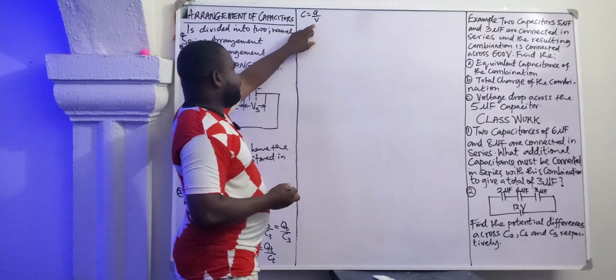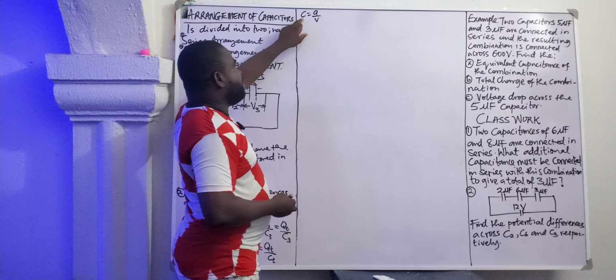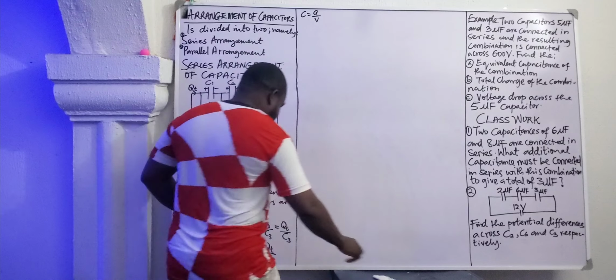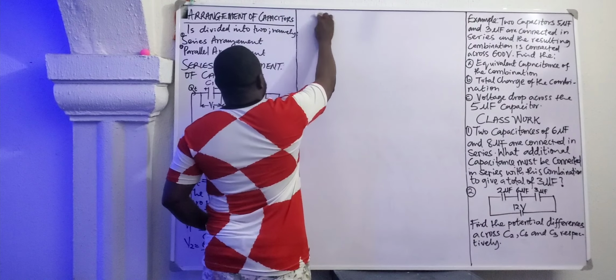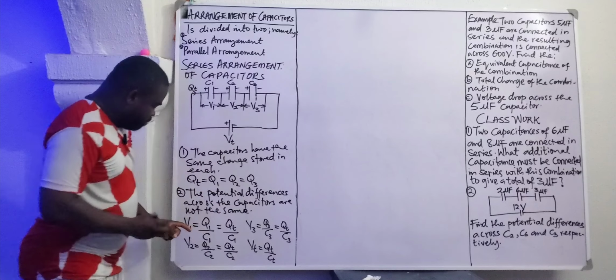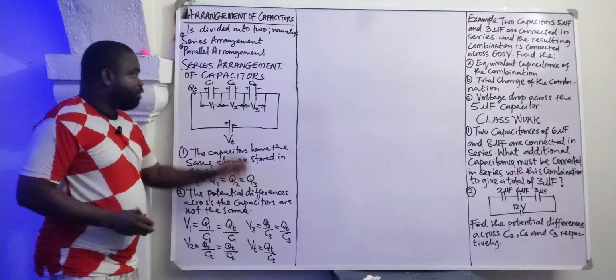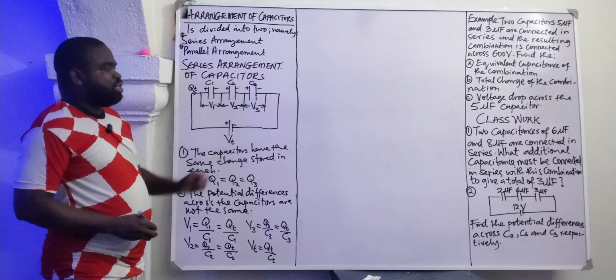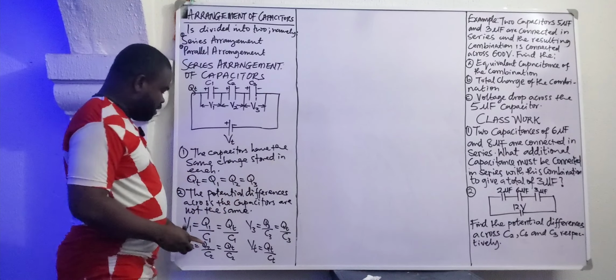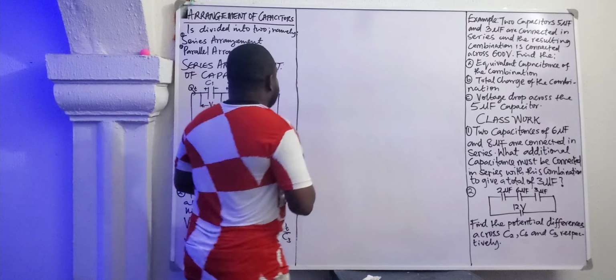So if I make voltage the subject of the formula, I will have charge over capacitance. So that's where that formula comes from. With this, we obtain the individual voltage drop. So in questions where they want you to find the individual voltage drop, this formula will help.